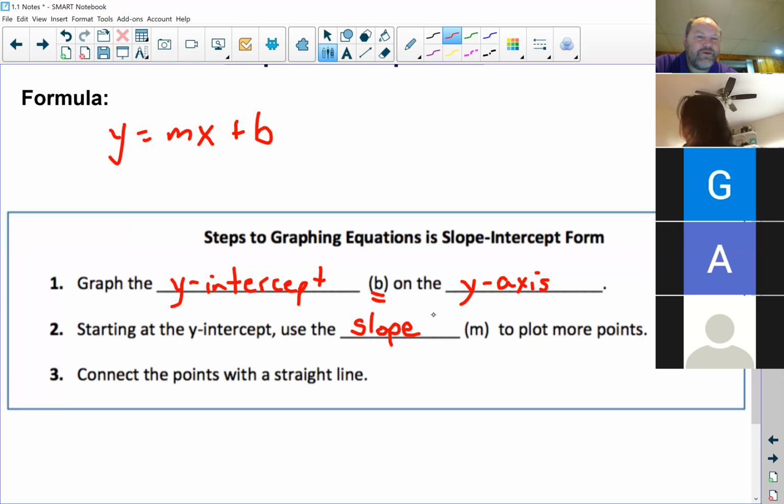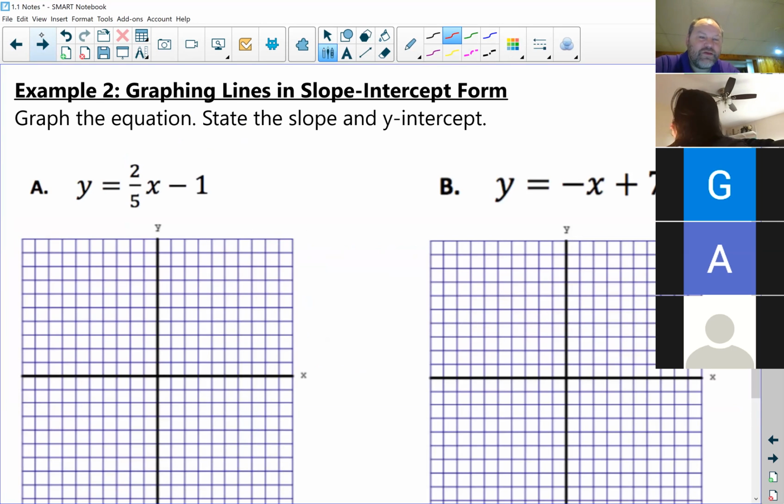All right, ready to go? Here we go. Graph the equation, state the slope and the y-intercept.